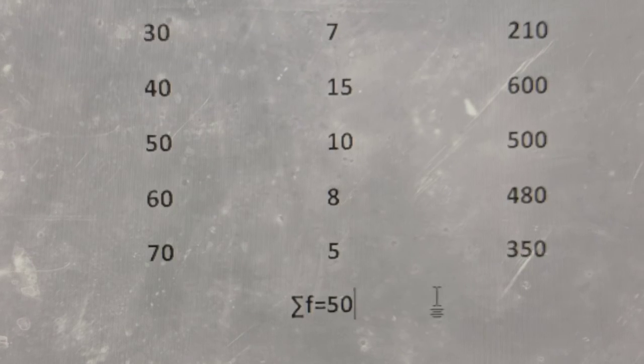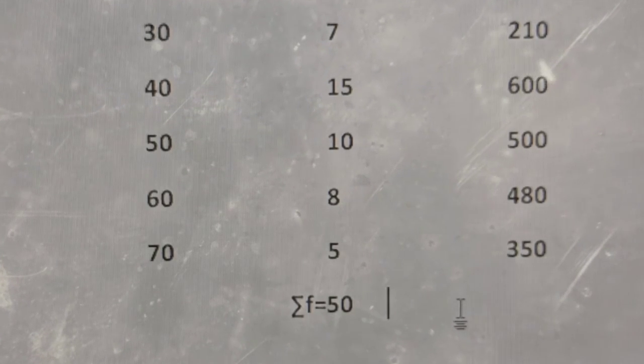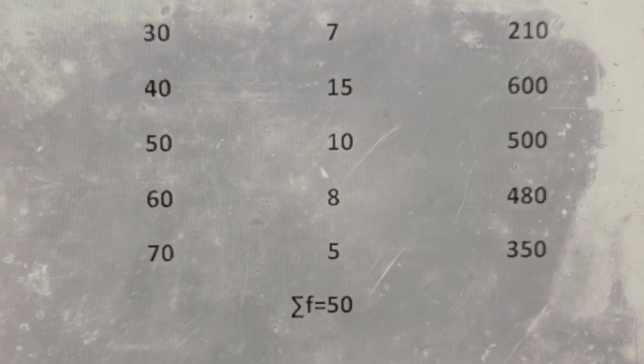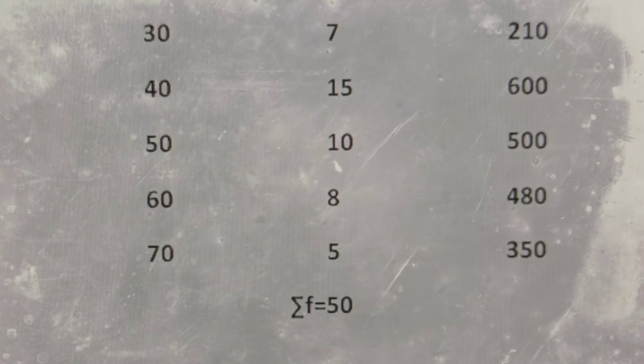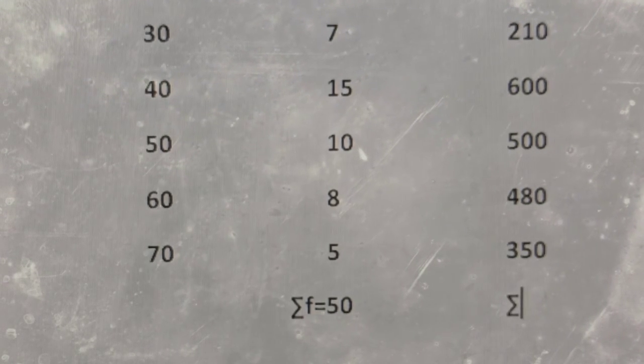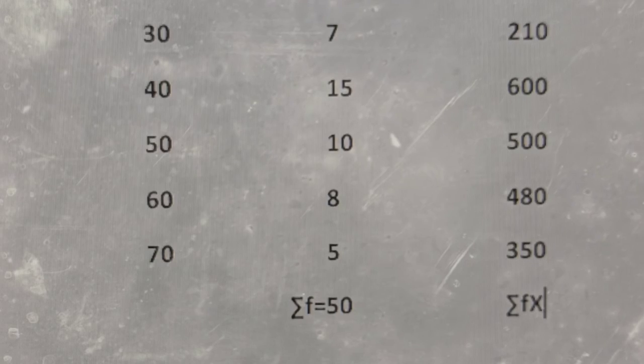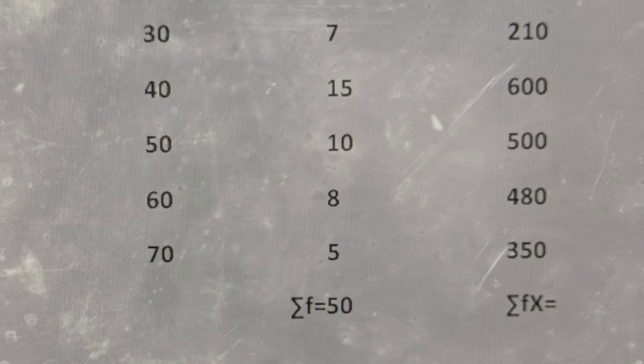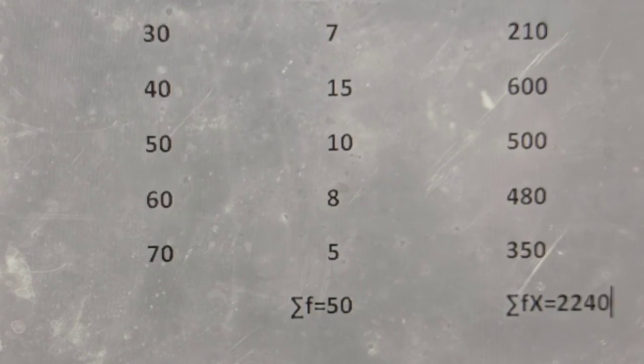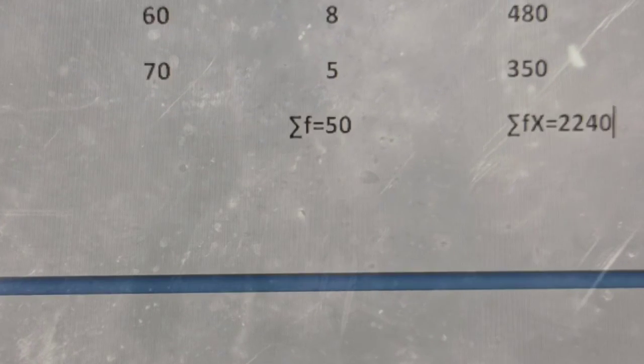Then the total of summation Fx equals how much? We'll add all of this and get 2240. Okay, now we'll go to the next step and solve the solution.